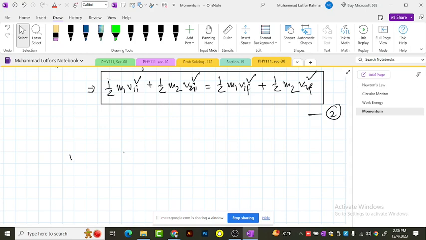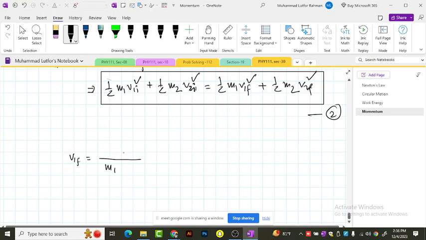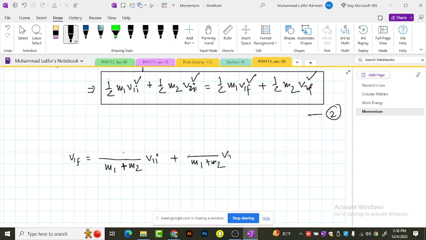If you want to find v1f, look at this. You can carry this information in your head; sometimes it is very helpful. I'm not saying memorize, but I'm going to show you the technique. It's v1i times something plus m2 into v2i, with denominator m1 plus m2.